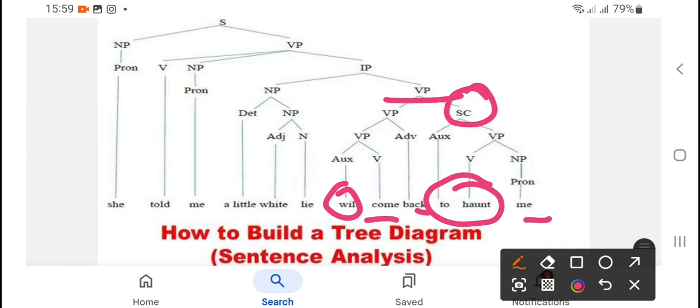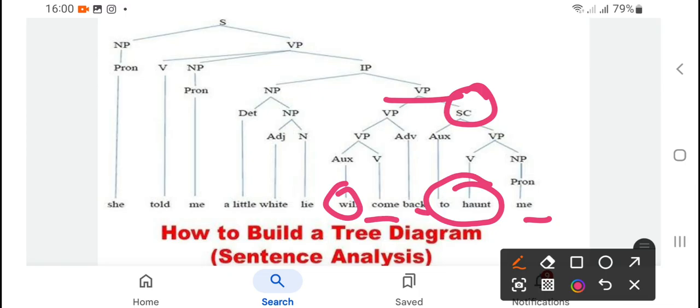Okay, so these are the extra words which are used here, and that is why to haunt me, right? So the sentence was, she told me a little white lie. Listen, one sentence is she told me: subject plus verb plus object. But the extended part of the sentence is a little white lie.